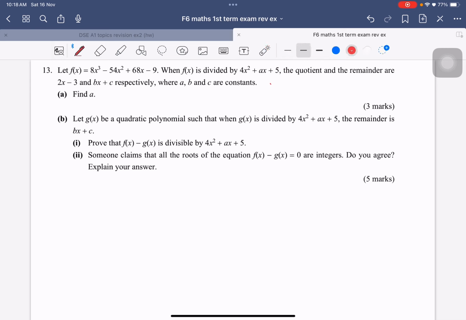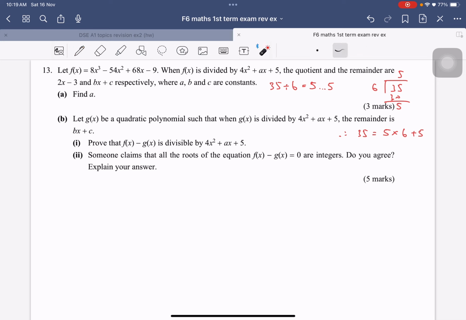For example, 35 divided by 6 is equal to 5, and the remainder is 5. If we write it out, 35 divided by 6, we got the quotient 5, this is 30, and the remainder is 5. So we can write 35 equal to the quotient times the divisor plus the remainder.